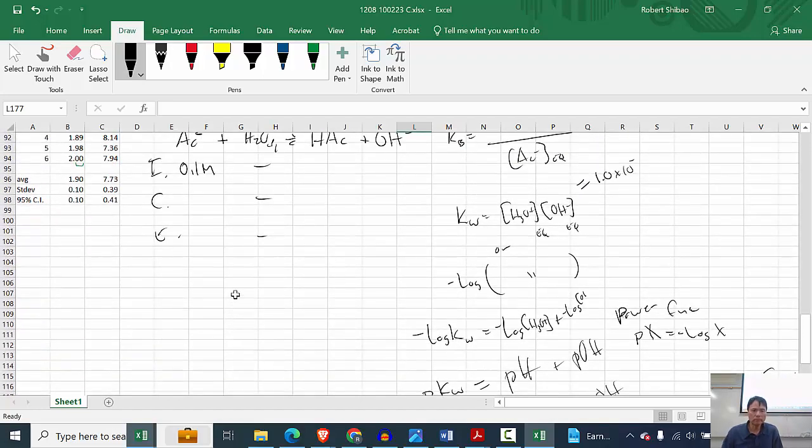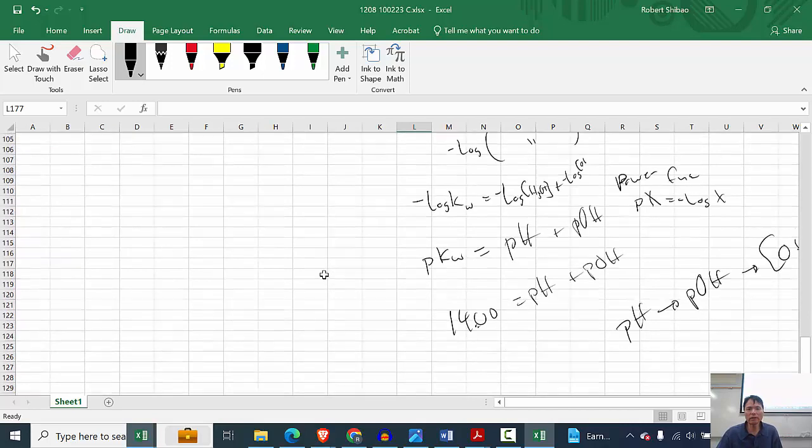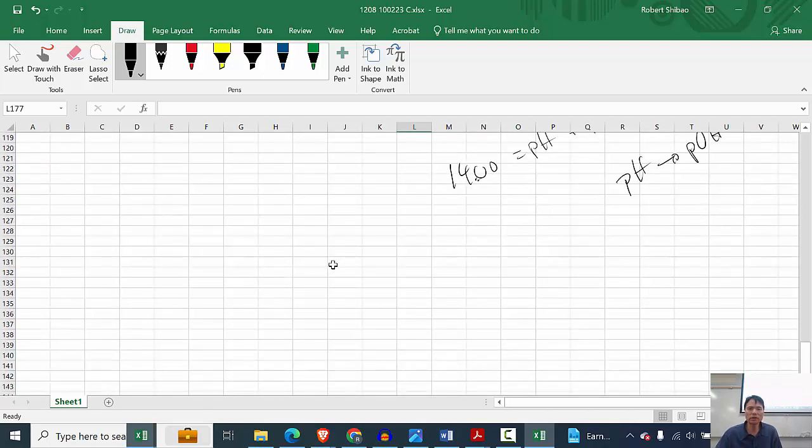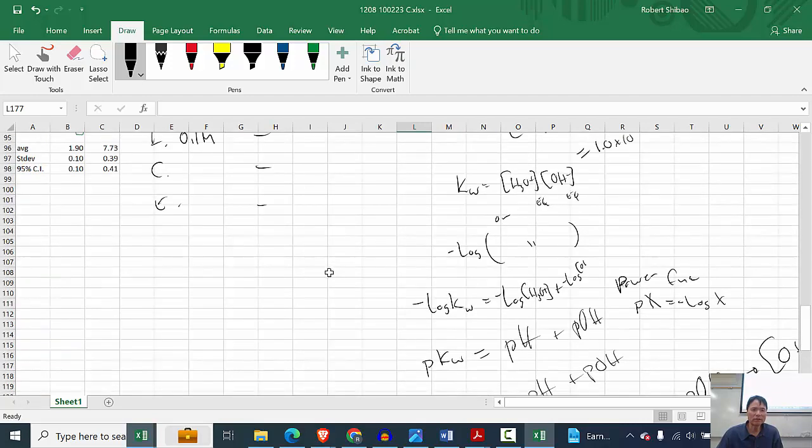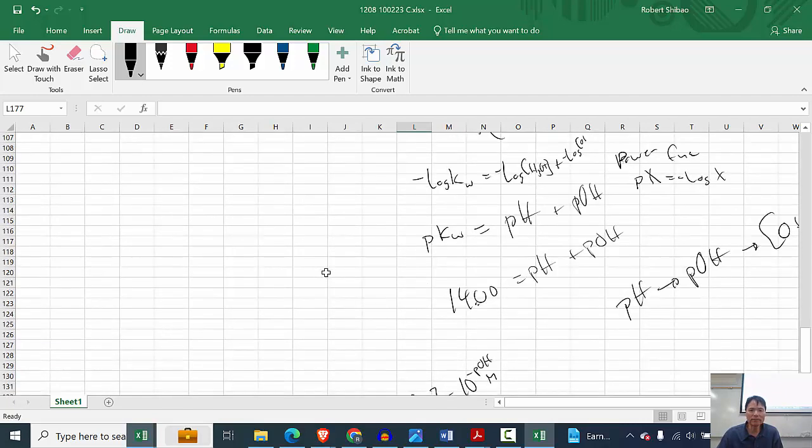So let's go ahead and calculate the hydroxide ion concentration here. It's going to be 10 to the minus pOH molar. And so this is going to be 10 to the minus 7.73.